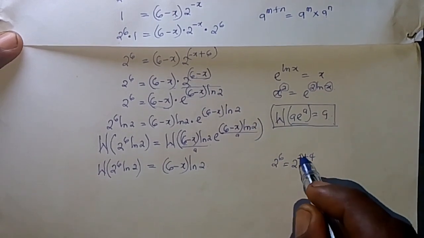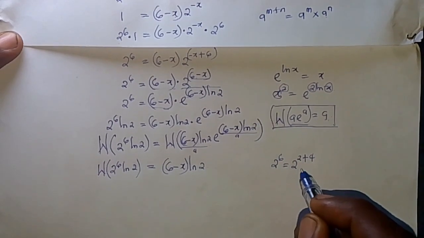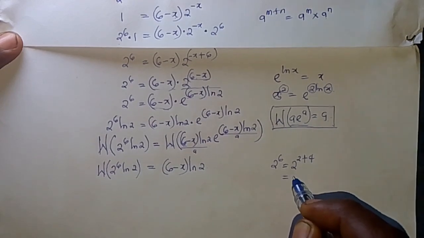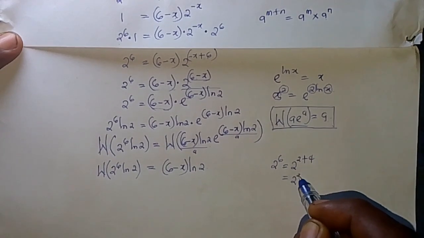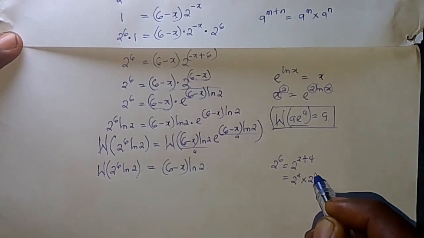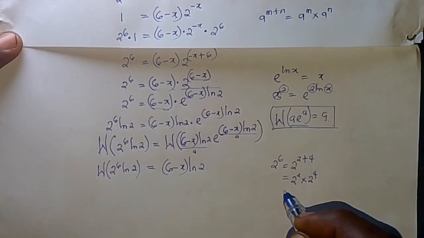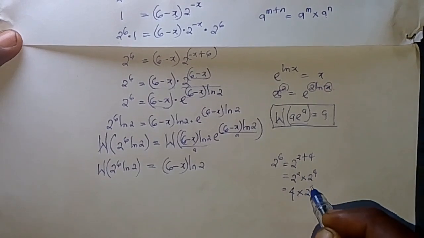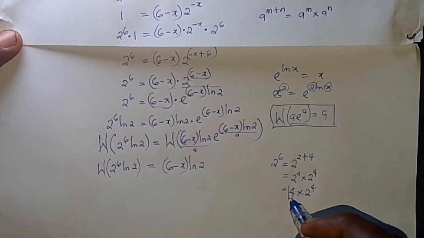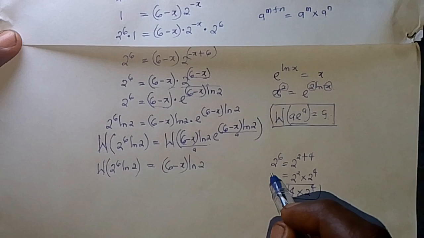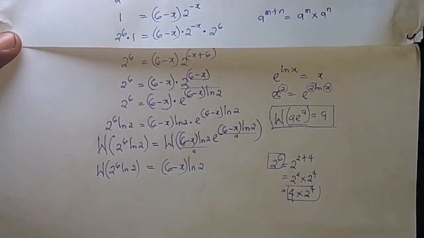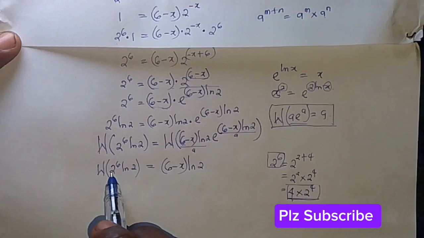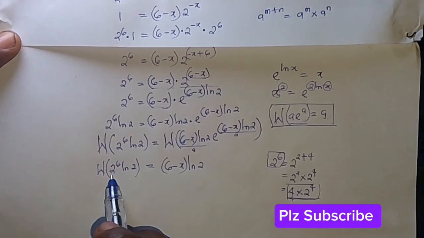So if we apply the addition law of exponent at this point, we are having 2 to the power of 2 plus 4, this can be simplified as 2 to the power of 2 multiplied by 2 to the power of 4. That is to say, we are having 4 multiplied by 2 to the power of 4. So the whole of this can be substituted in place of 2 to the power of 6. So let's substitute the whole of this in place of 2 to the power of 6 here at the left hand side of this equation.